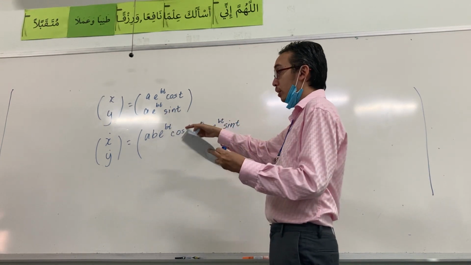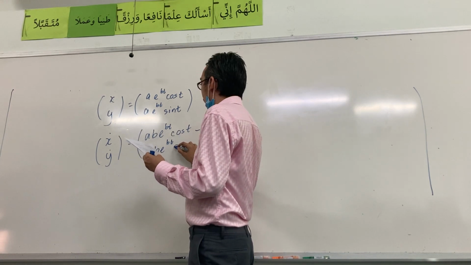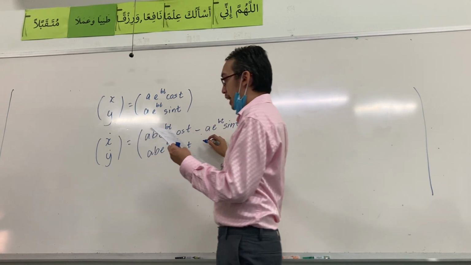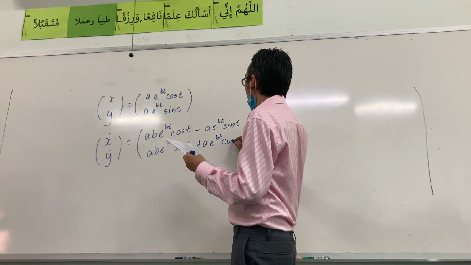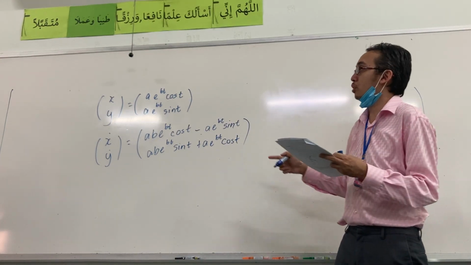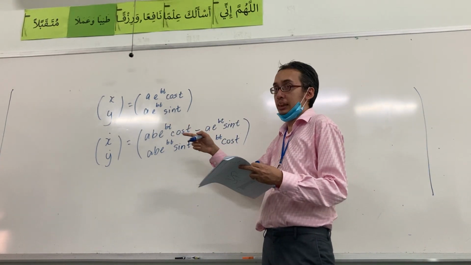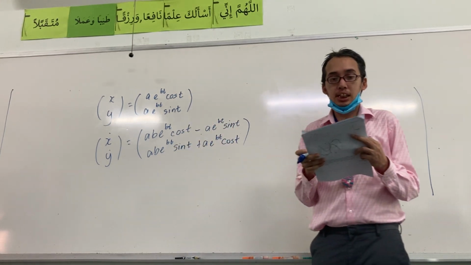Likewise you do product rule for this one too. This is a b e^(bt) sin t first, and then plus a e^(bt) cos t. If you show that you want to do product rule, they will give you 1 mark. If you do product rule properly, then you get the full marks.